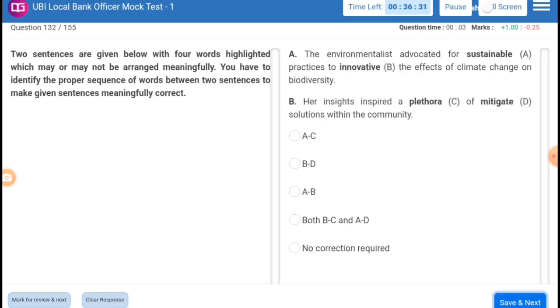The environmentalist advocated for sustainable practices to mitigate.